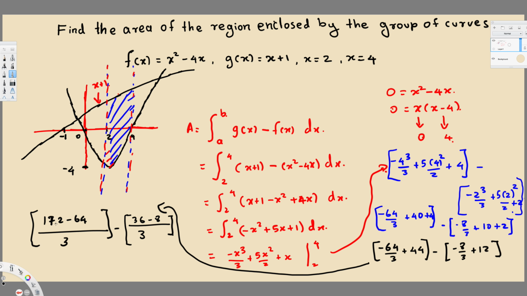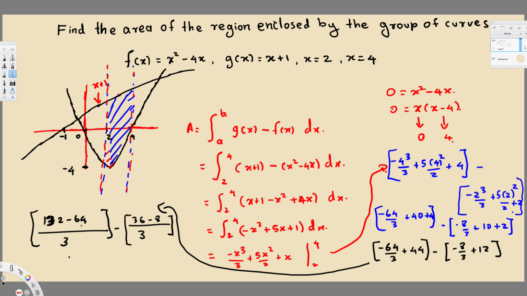Seems like there's a mistake right here. So 44 times 2 is 88. 88 plus 4 is going to be 92. 92 plus 40 is going to be 132. So this is supposed to be 132 right here.